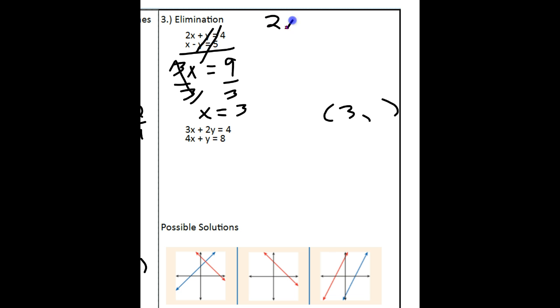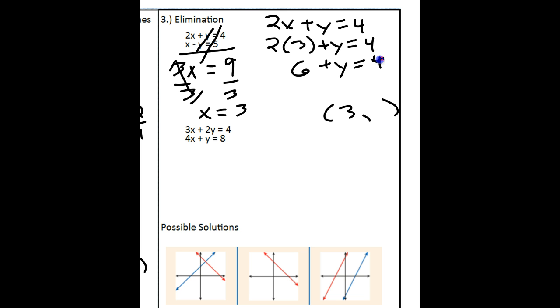I know 2x plus y equals 4. And because I figured out that x equals 3, anywhere I see an x, I'm going to plug in the 3. So I have 2 times 3 plus y equals 4. That's going to give me 2 times 3 is 6. So 6 plus y equals 4.